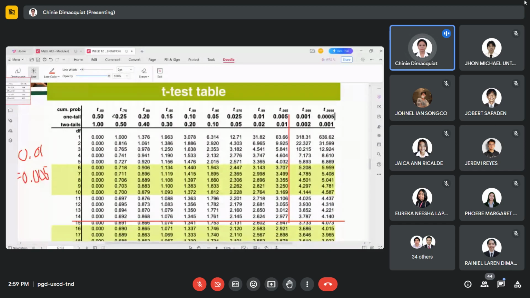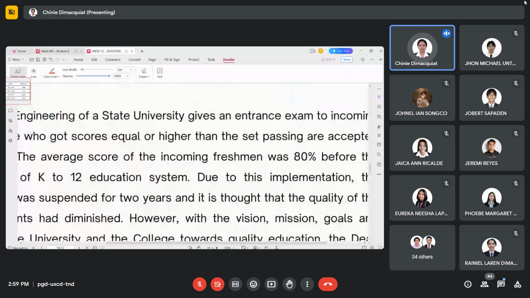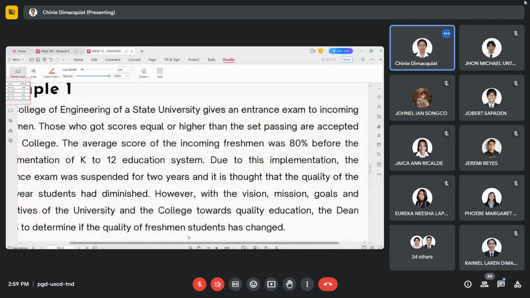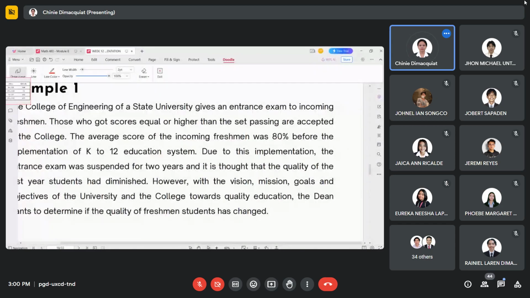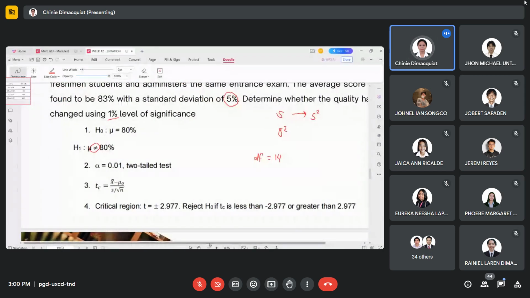So 2.977. This is our critical value. Since it is two-tailed, both ends have a critical value, so positive and negative 2.977.